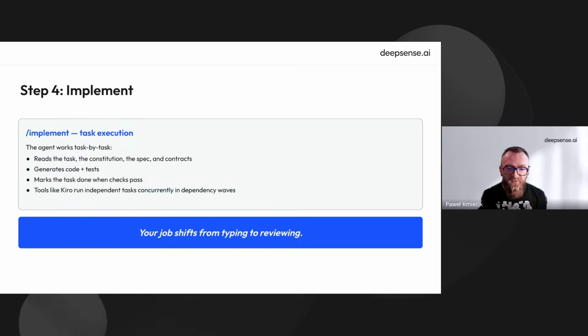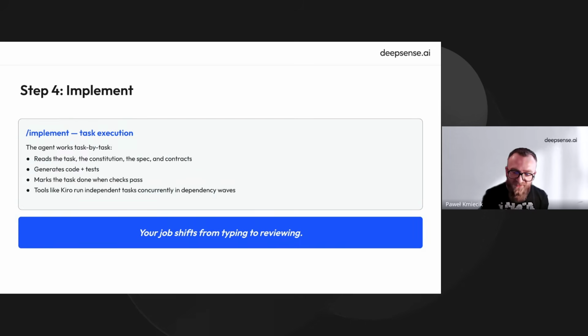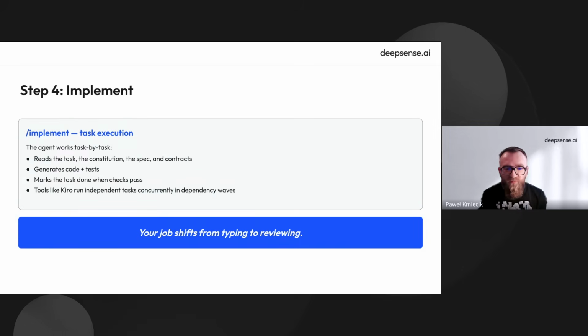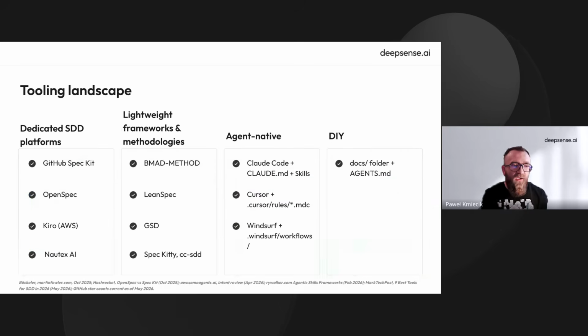The enforcements are higher than in standard vibe coding. So your job here shifts from typing the code to reviewing the code. So, well, still we have specifications, but for reviewing the code, we don't have for now an approach that fully replaces a human being from that part.